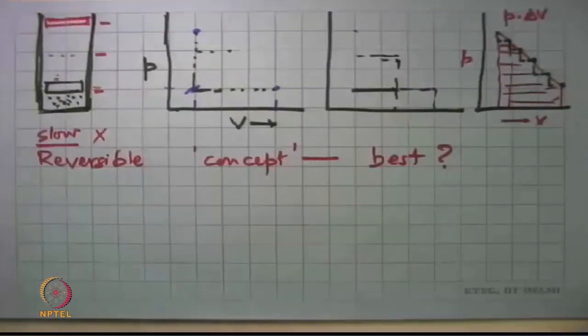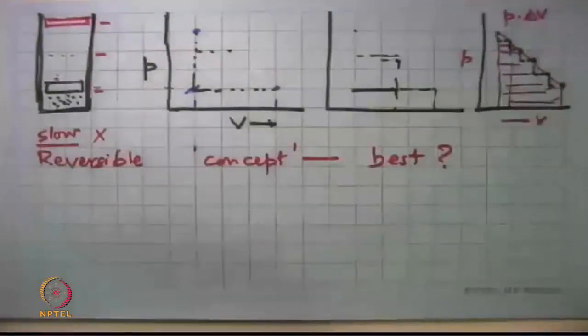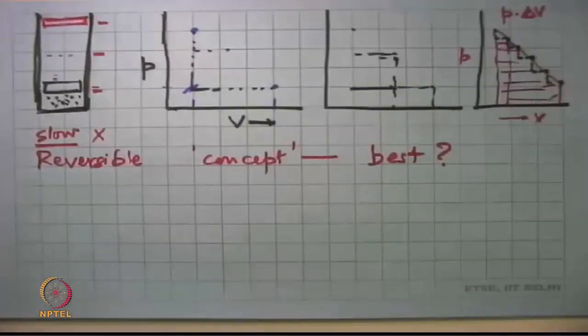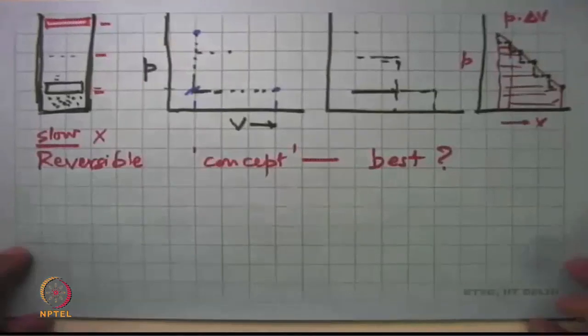So it tells us an upper limit: I can do as well as this and not much more than that. Okay, so in that sense, this idea of what is reversible or irreversible is very crucial.